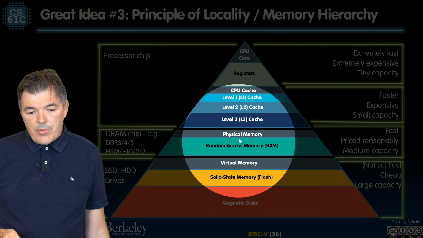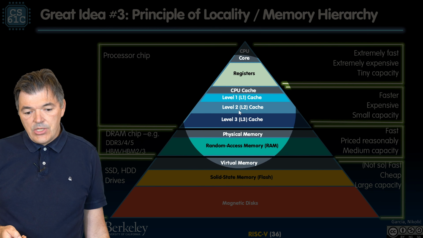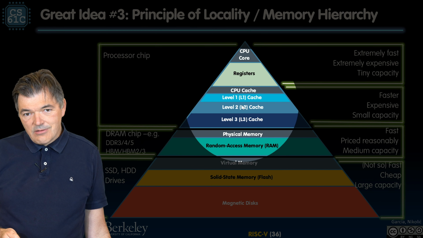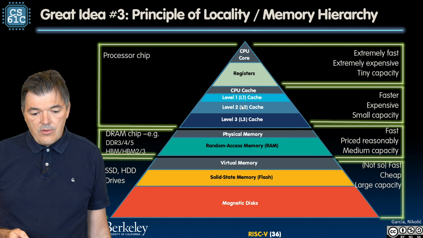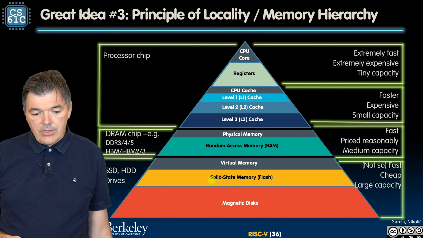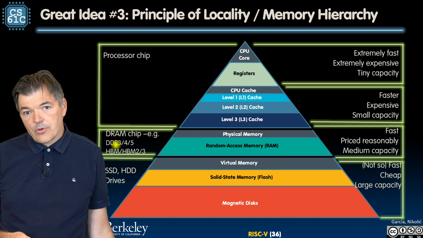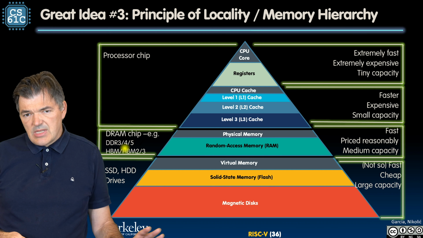To bridge that gap, we build multiple layers of cache, each one of them being larger than the previous and a little bit slower. Then, when we talk about our concept of virtual memory, it is built around the physical memory that typically lives in DRAM, and there are different types of DRAM like DDR3, 4, or 5 that is coming out, and then HBM, same technology.